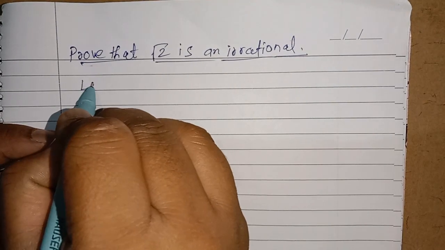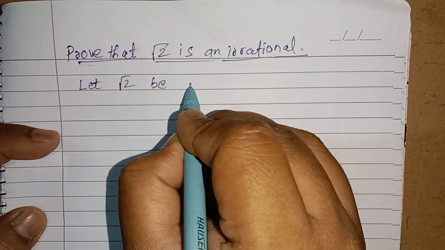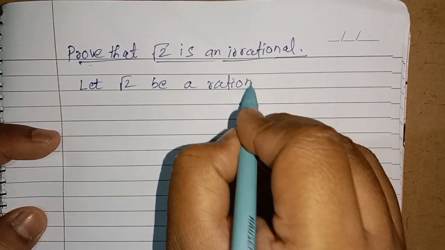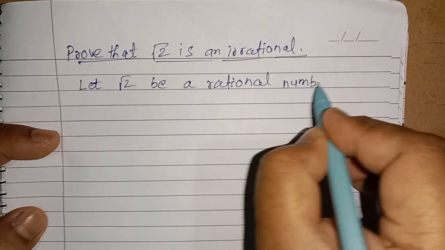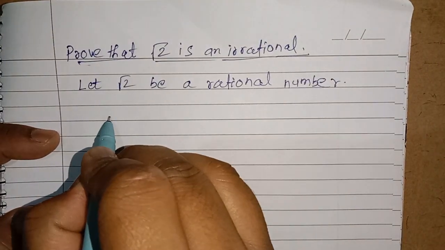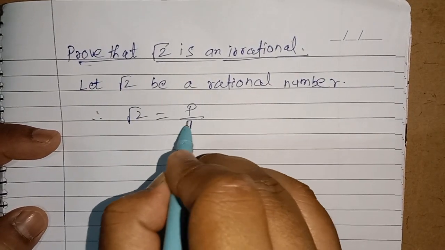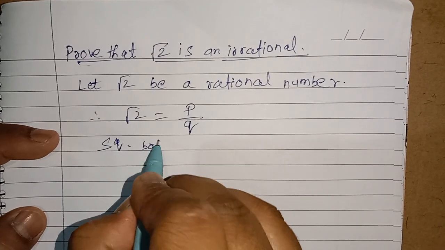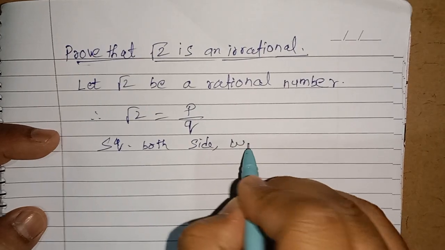First, let root 2 be a rational number. Since every rational number can be expressed in p by q form, we will write that. Therefore, root 2 can be expressed as p by q. Now, squaring both sides, what do we get?